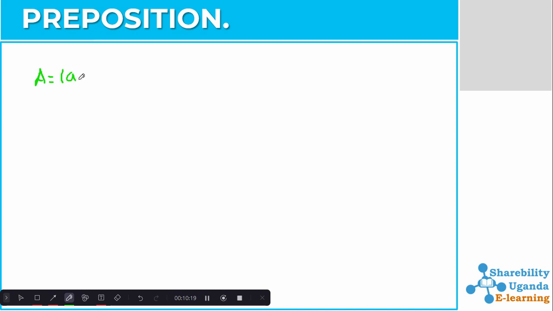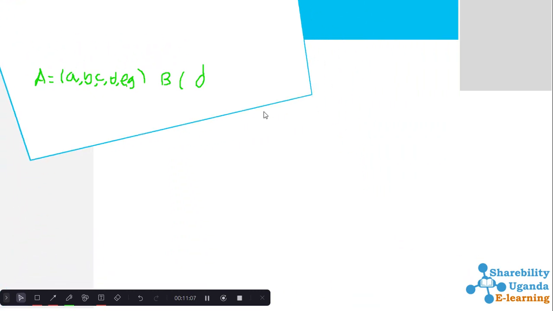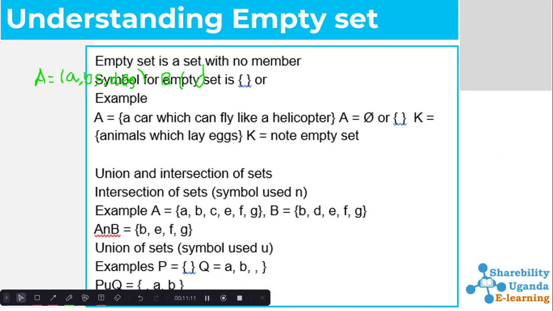We have our A, we have our B, we have our C, we have a D, we have E, we have a G. These are our members which are in our set A. Then we also have another set which is B. Let's look at these members, we have D. We are looking at members that are in our set B.